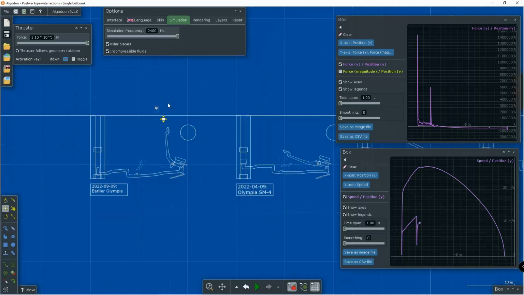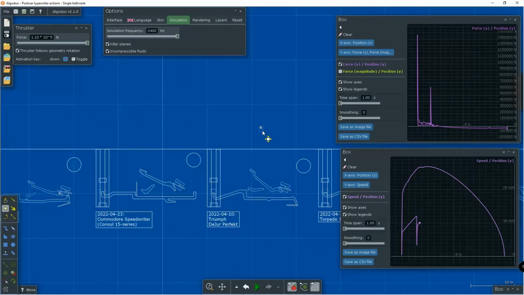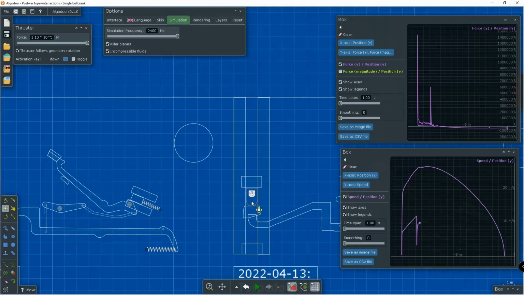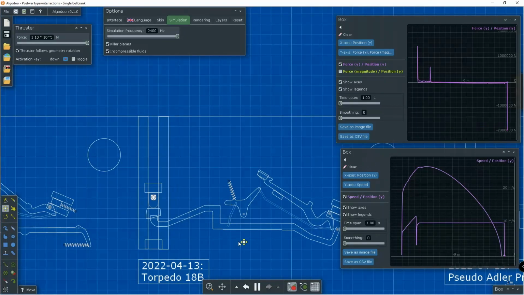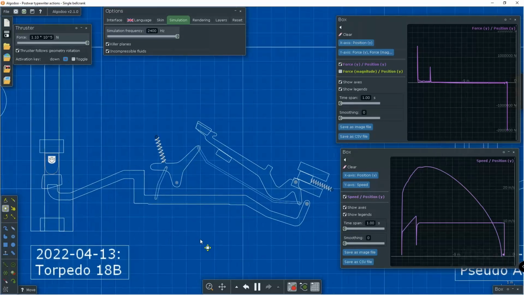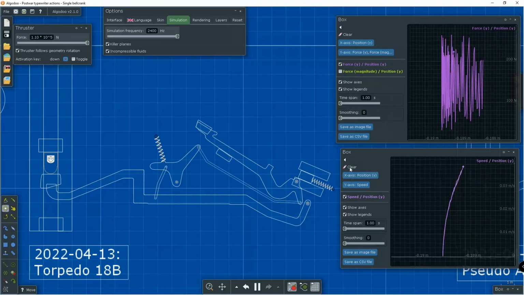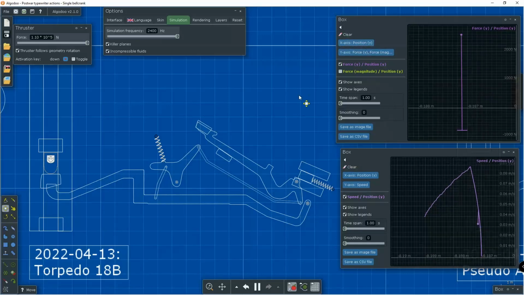So now let's compare this to quite the exemplar of tactility, which is the Torpedo type action, namely the Torpedo 18B. Now I did recently learn that the Torpedo 20 and 30 used a different type action.